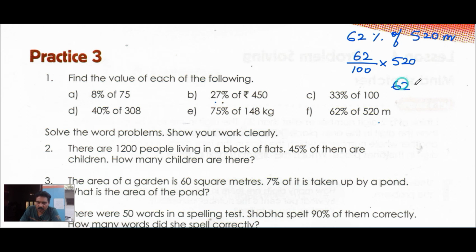So 62 into 520 by 100, right? So this 0 and this 0 gets cancelled, right? Then here 2 5s are 10, 2 2s are 4, 2 6s are 12.